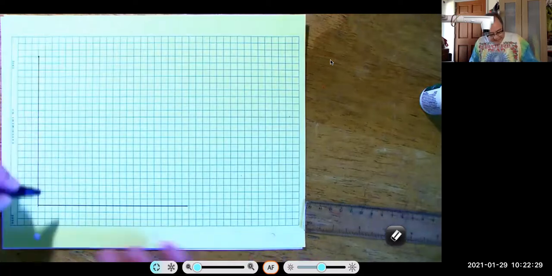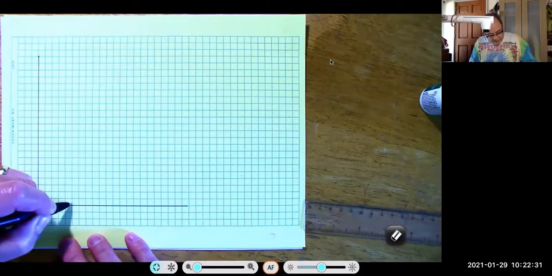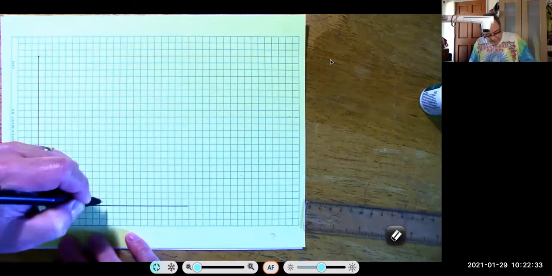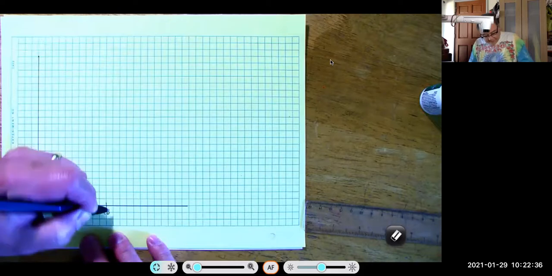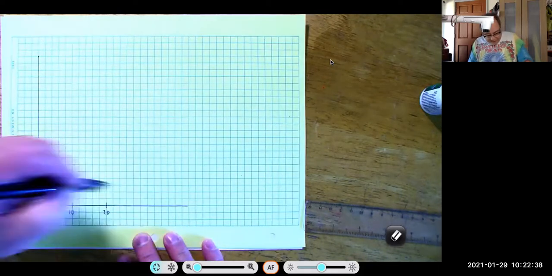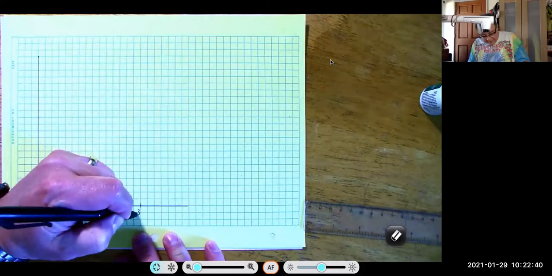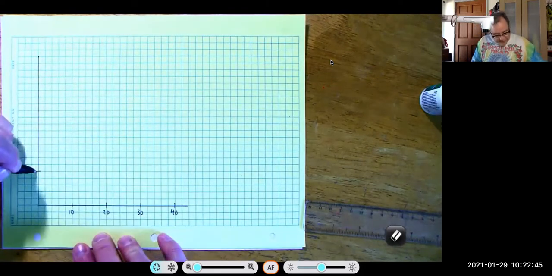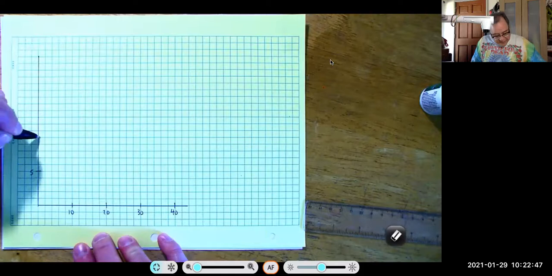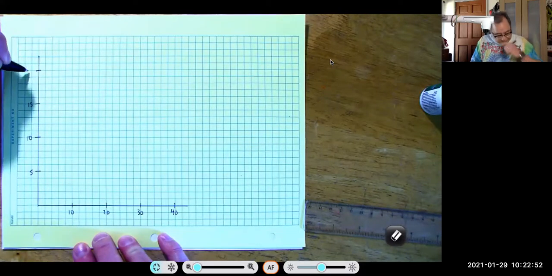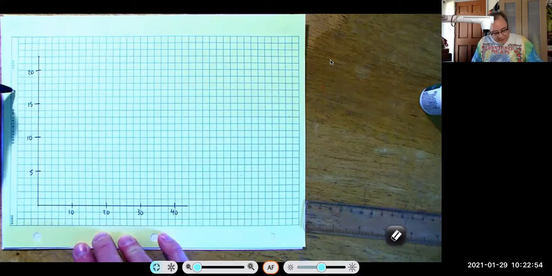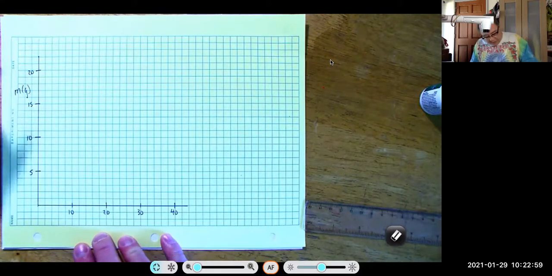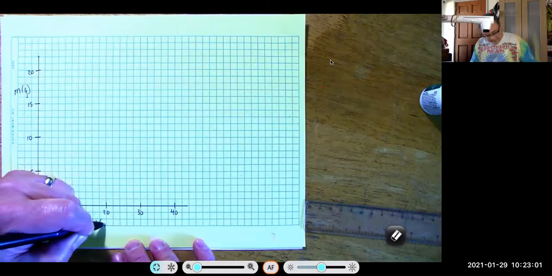And let's say that this is 10, 20. I'm going every 5, 30, 40. And over here, this is 5, 10, 15, 20. And we're going to call this mass in grams. And we're going to call this volume in milliliters.